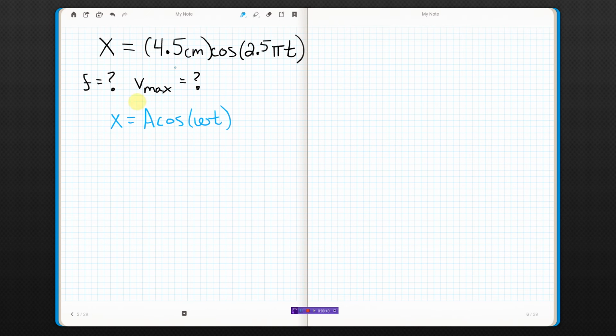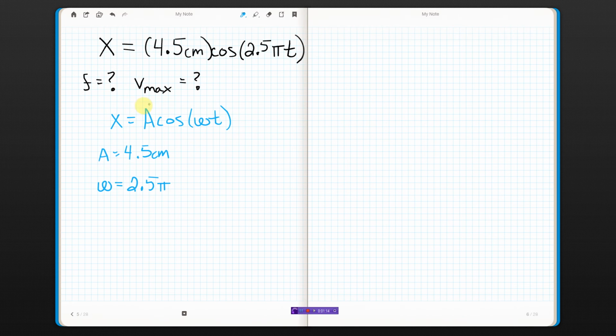For example, this means that A is 4.5 centimeters. It also means that angular frequency is 2.5 pi, and that's all we have from this. Now I don't tell you if this is like a spring or what, it just says something.